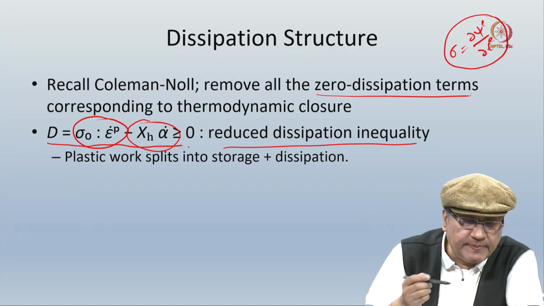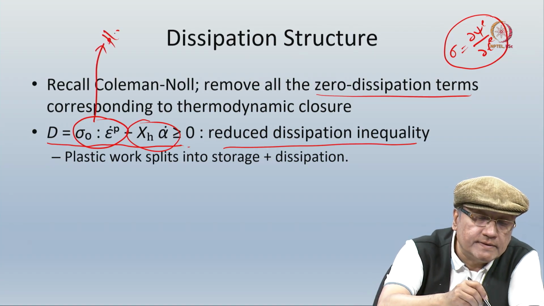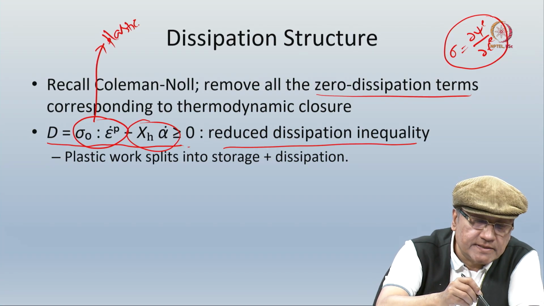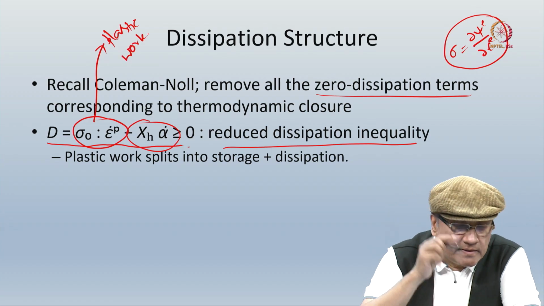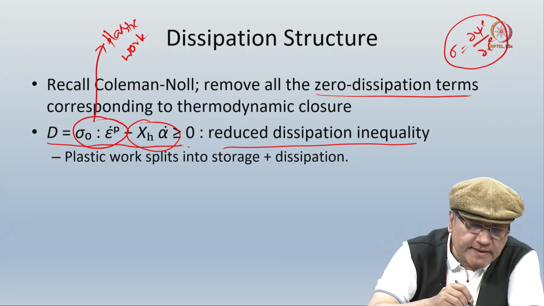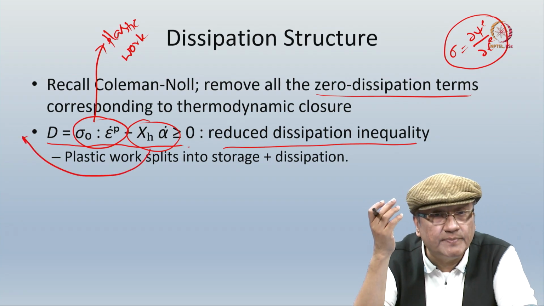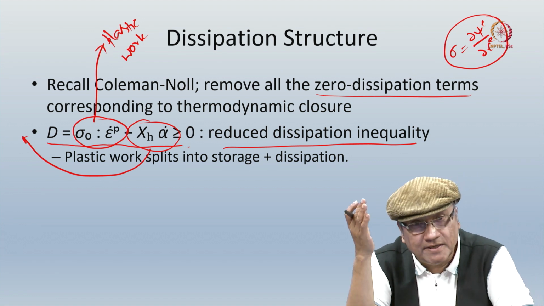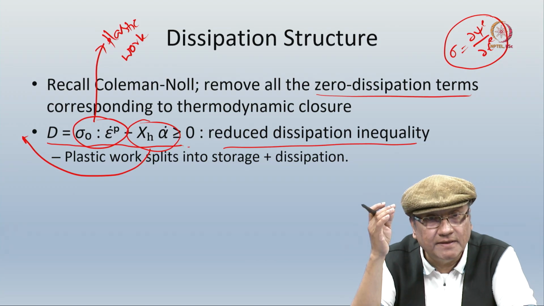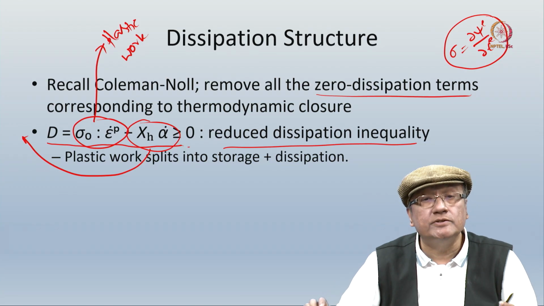So basically, if I call this the plastic work, and take this other term X_h alpha dot to this side, then we see that the plastic work can be written as the actual dissipation which gets into the heating plus X_h alpha dot, which is the stored energy due to hardening.